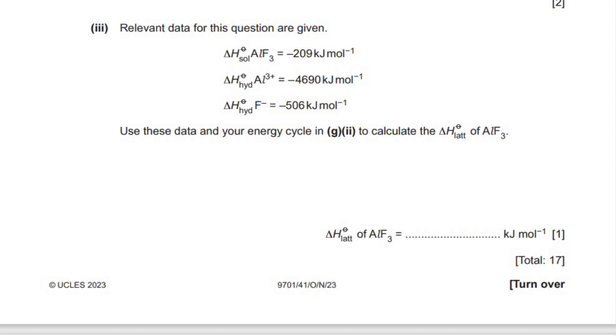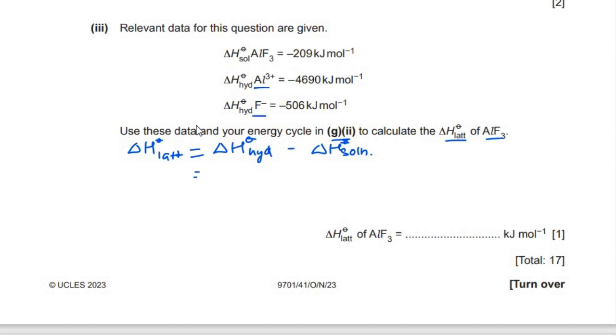Use this data and your energy cycle in G2 to calculate the enthalpy change of lattice for aluminium fluoride. So if we want to calculate the enthalpy change of lattice energy, then the formula is enthalpy change of hydration minus enthalpy change of solution. So if we talk about enthalpy change of hydration, we have to consider both the aluminium and fluoride ions.